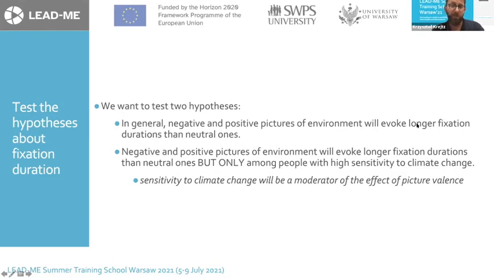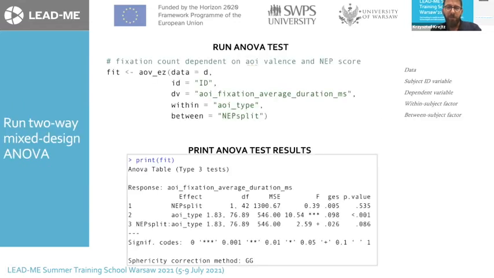It's probably not going to be true among those who don't care about climate change. So the second hypothesis is actually the hypothesis about the interaction effect, the moderation effect of the results. So how to run this and how to order pizza.